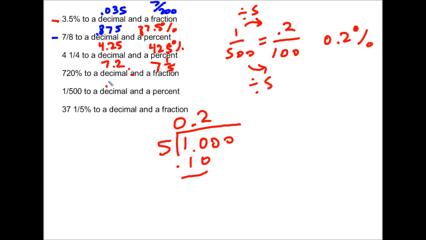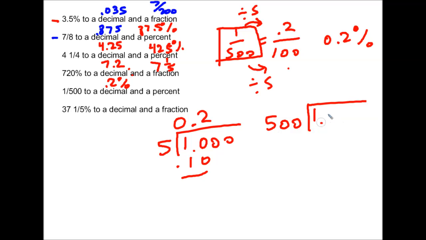So 0.2%. Okay, so 0.2 over 100. It's not completely obvious how you would change this to a decimal, so I'm just going to take 1 over 500 and divide it.